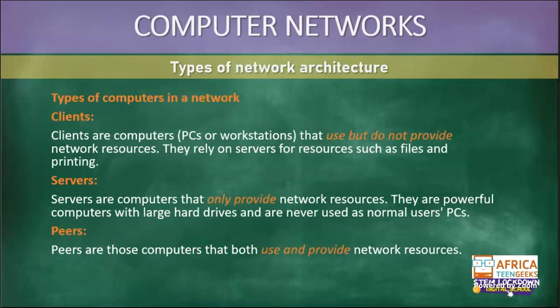So servers only provide, whereas clients use. And then peers are those computers that both use and provide network resources. It's like a combination of client and server. So it uses as well as provides. Whereas servers only provide, and clients only use.